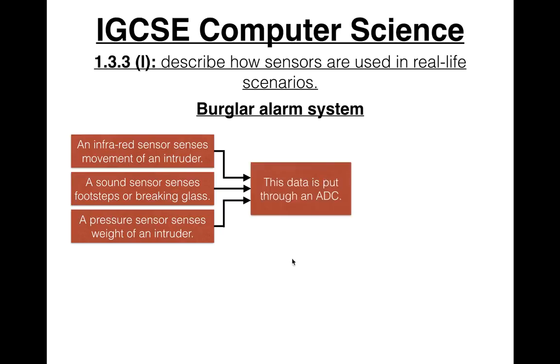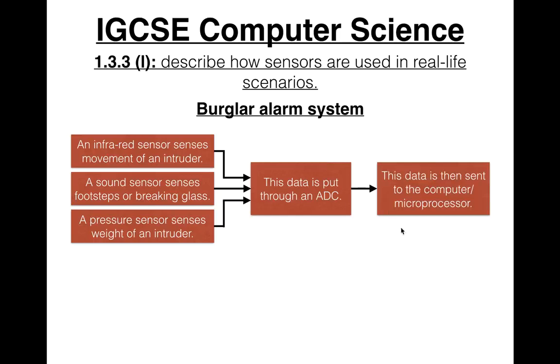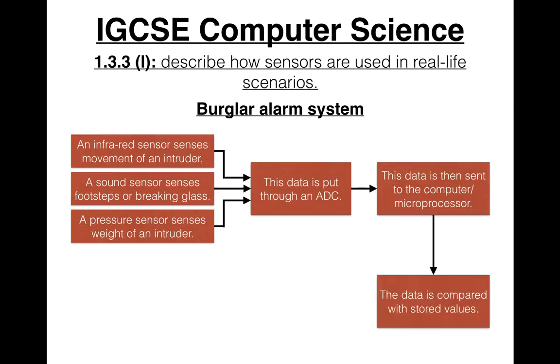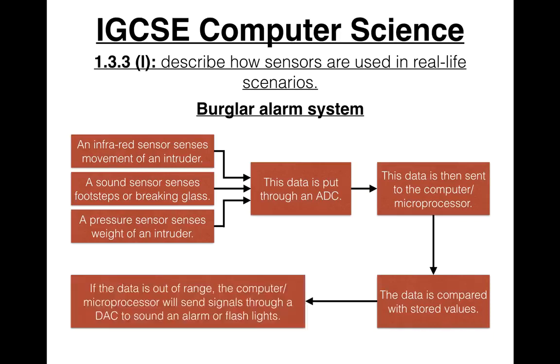Anyway, this data is put through an analog to digital converter. Then this data is sent to the computer or microprocessor for it to interpret. The data is compared with stored values. If the data is out of range, the computer or microprocessor sends signals through a DAC, if necessary, to sound an alarm. Well, yeah, it's probably necessary, to sound an alarm or flash lights, or both.